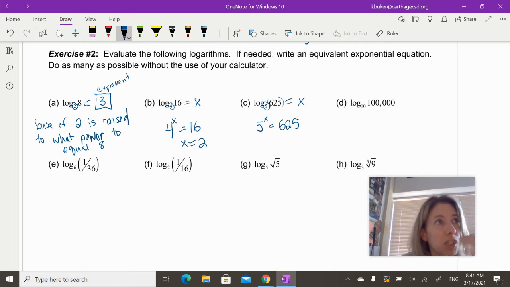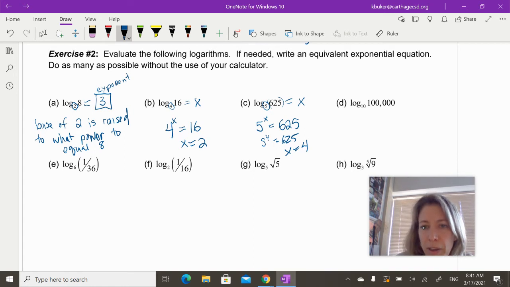I know that 5 squared is 25, and I know that 25 times 25 is 625. So 5 to the 4th is 625, and x equals 4. You can also use your common base paper to help you with this. We have all of the powers of 5 that are greater than 1 on that paper, so you can look at that.